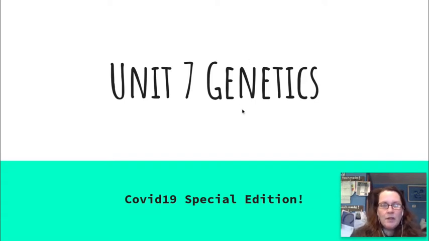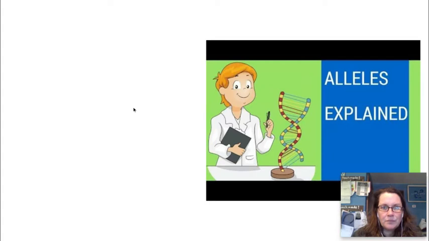Other than that, now we're supposed to just go through slides 1 through 6, and then you have a little formative after this. So let's talk genetics here. This is one of my favorite units to teach. This is one with Punnett squares. A lot of you will remember doing the Punnett square stuff from 7th grade, but let's do this digitally online.